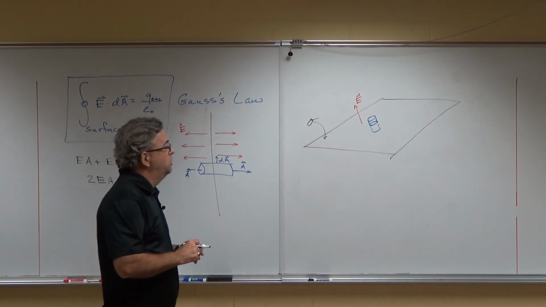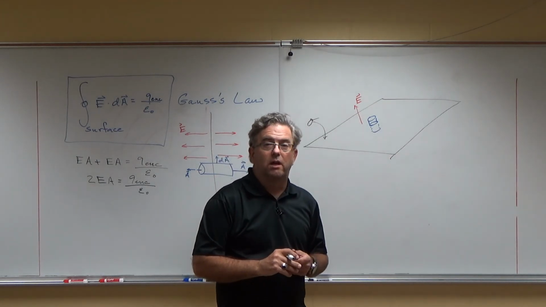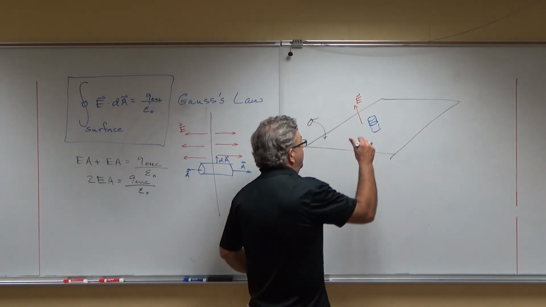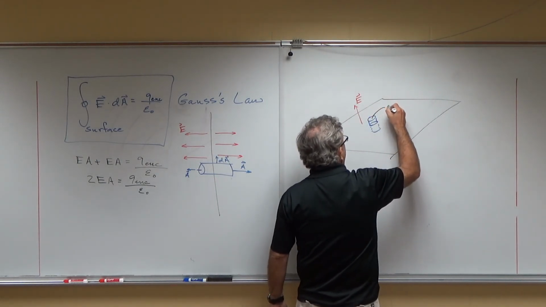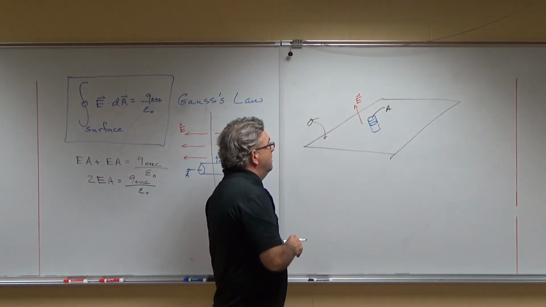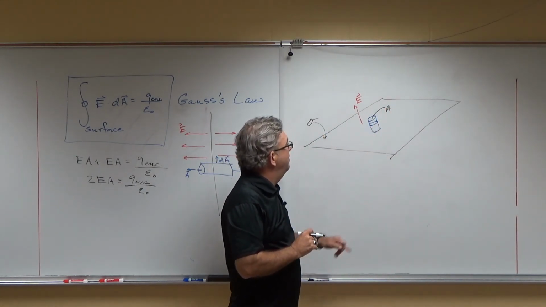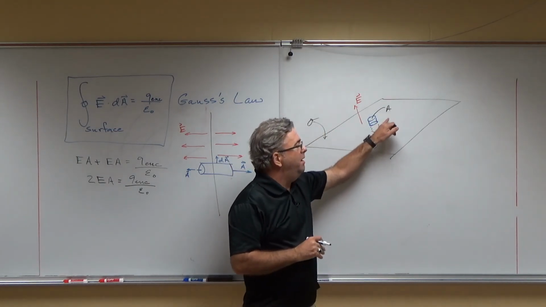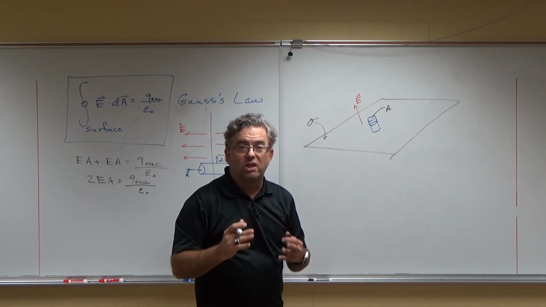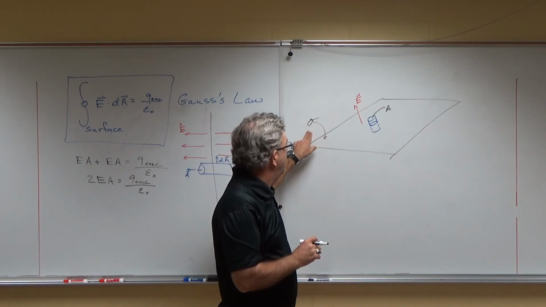How much Q is enclosed? This has an area A. So that little patch of area has charge sigma A, because sigma is the charge per unit area.